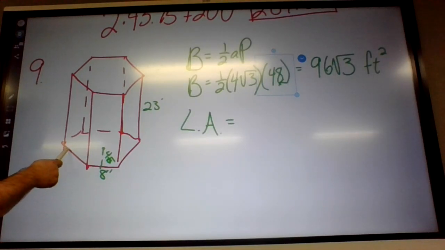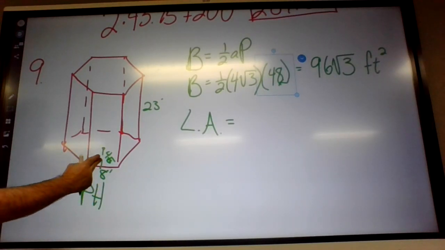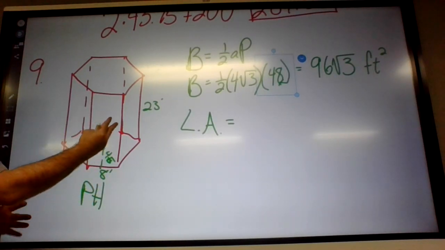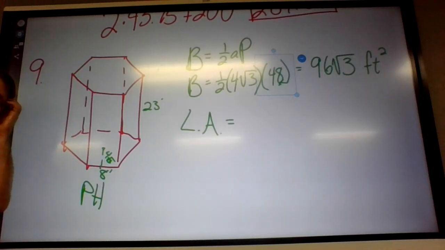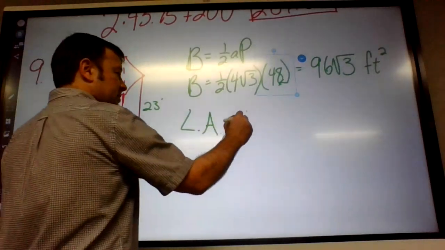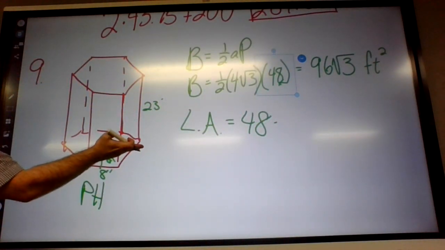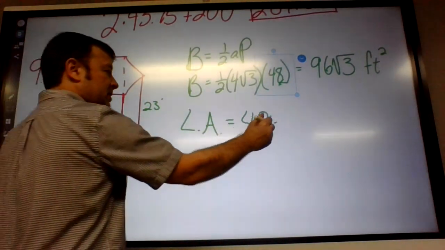The lateral surface area, we did the perimeter of the base times the height. Remember the scissors thing? Cut it, you open it up, you do the perimeter of the base times the height. The perimeter of the base we already talked about, 8 times 6, 48. The height of the prism, 23.